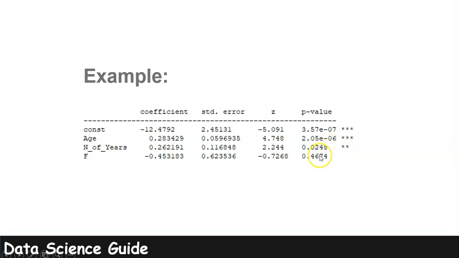But if you look at this p-value for this predictor, it's 0.4, which is much higher than 0.05. So in this case, this predictor is completely insignificant and should be removed, and it will not explain any change or variation of the dependent variable or the sales volume.